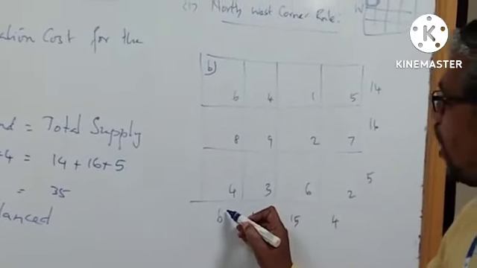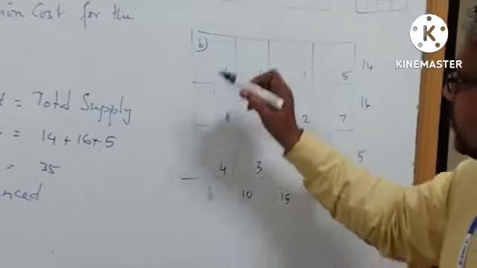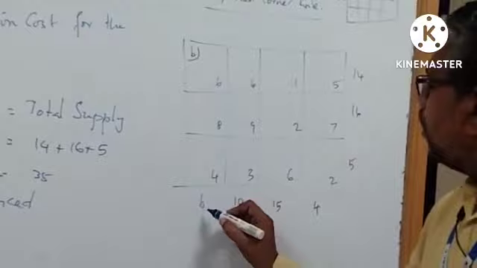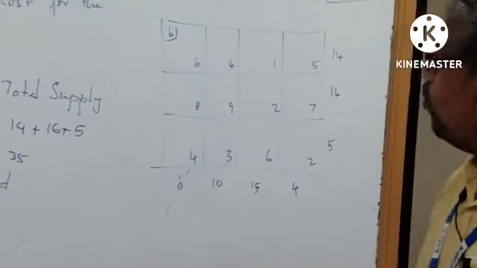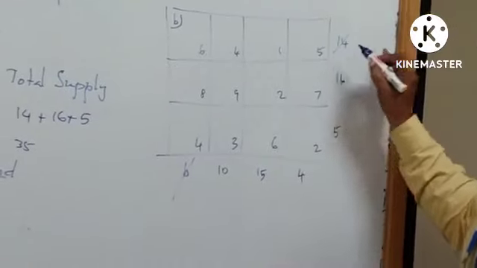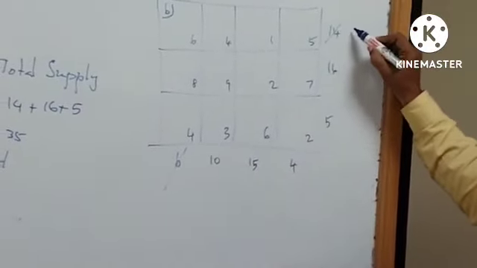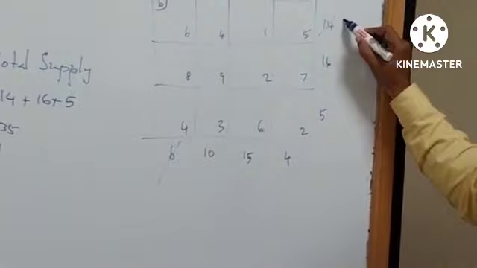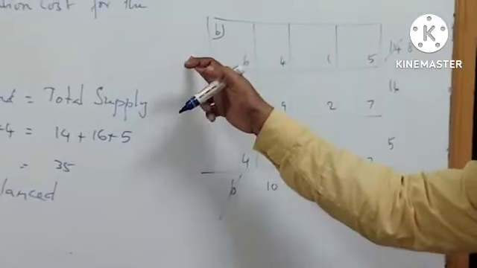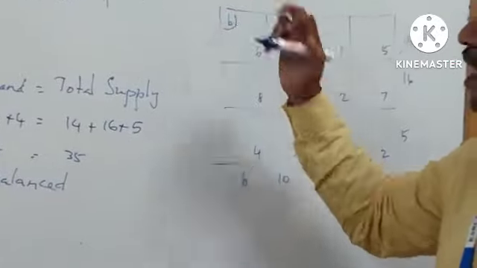So you can substitute 6. The entire demand of that particular destination is fulfilled. Therefore, cancel that 6. This 14 will become 14 minus 6 equal to 8, because you are dispatching 6 units of a particular goods from O1 to D1.